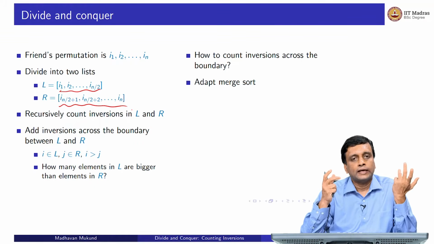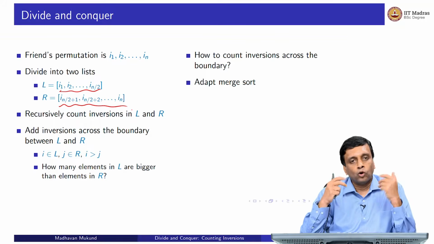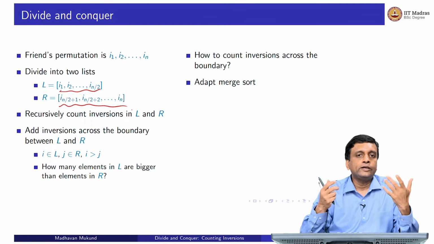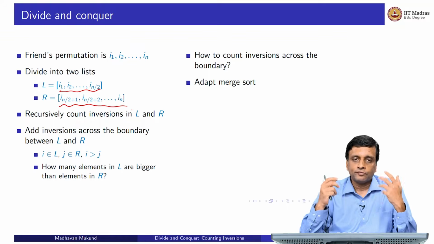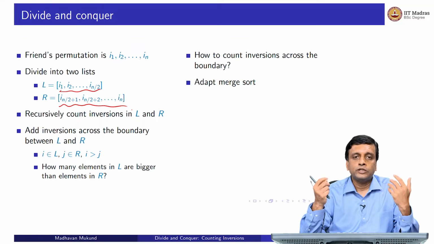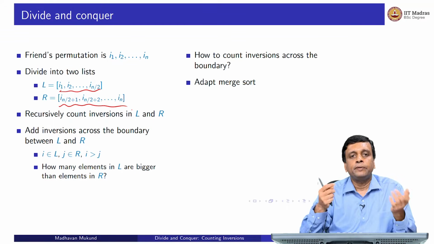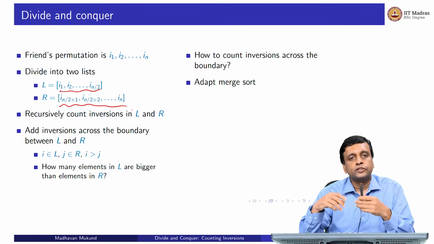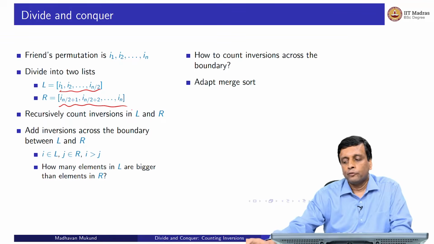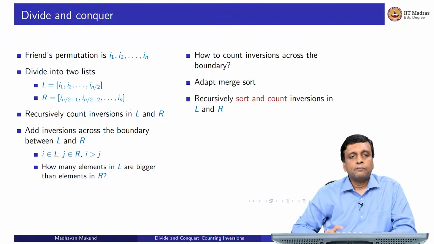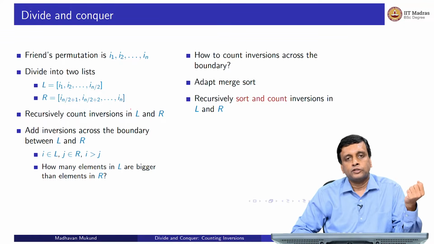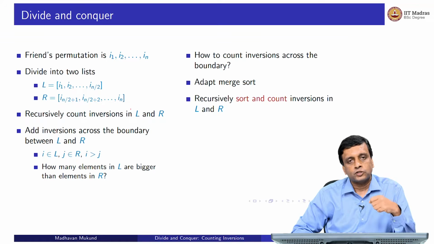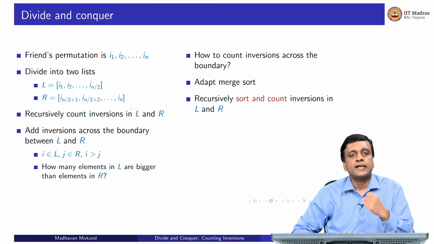So what I am going to do actually is to do more work than I need to do, right? All I need to do is count inversions, but in the process of counting inversions, if I actually sort the list, it will help me to do this inversion counting cleverly, because I will just use a version of merge sort where I count. So I am going to adopt merge sort, and I am going to have a stronger merge sort which not only sorts by using the merge sort procedure, but also while sorting counts, right. So I am going to write a version of merge sort which sorts and counts.